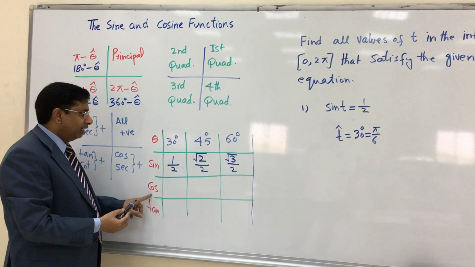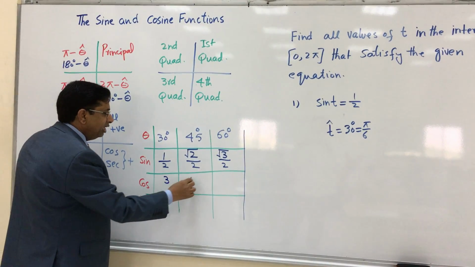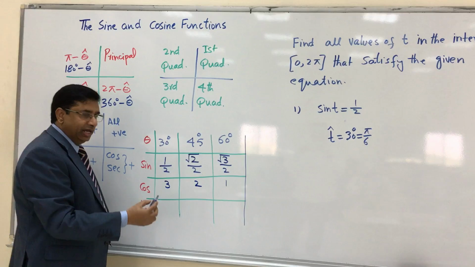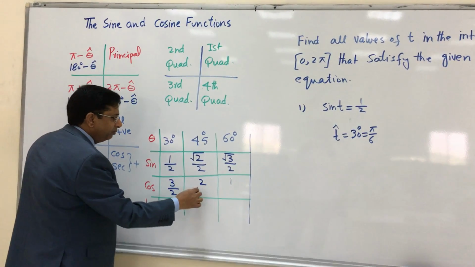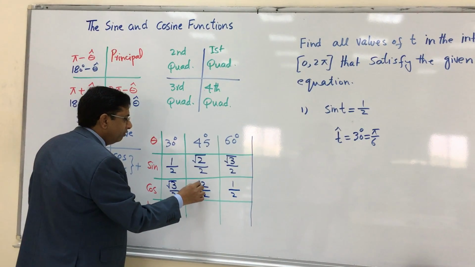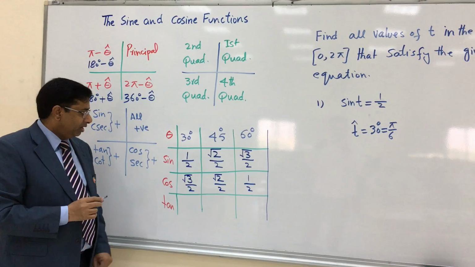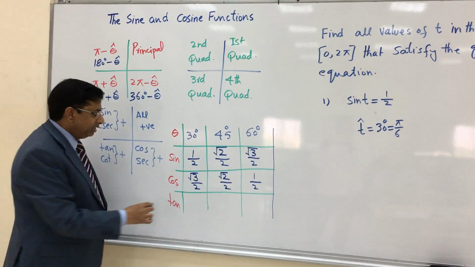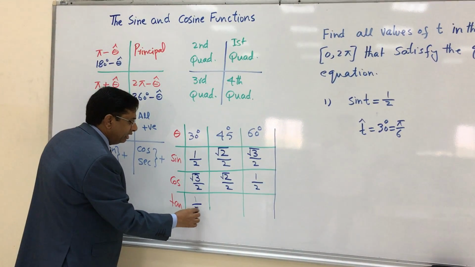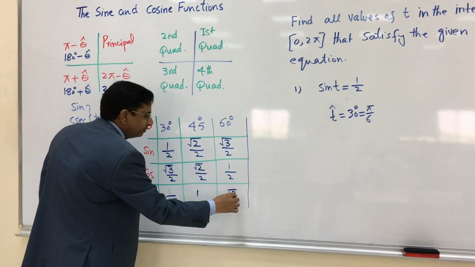In the same way for cosine, we start in another way. We start from 3, 2 and 1, and divide every number by 2, and take the radical of the numerator. Then what about the tangent? Tangent is 1 over radical 3, and this one here, and radical 3 is over there.